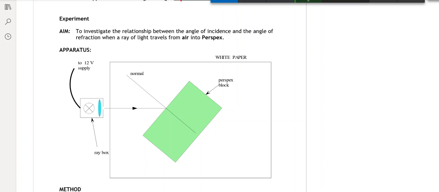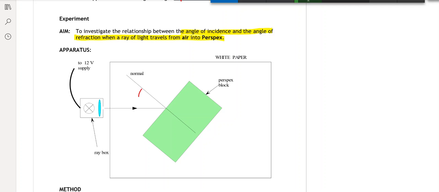Something else which happens when the speed changes as it enters into a medium is the direction of the ray is caused to change. This experiment here investigates the relationship between our angle of incidence as the light enters our rectangular prism and what happens to the light inside this rectangular prism.